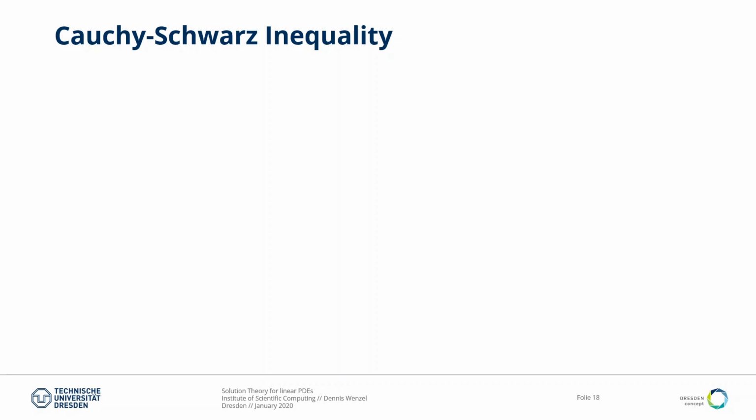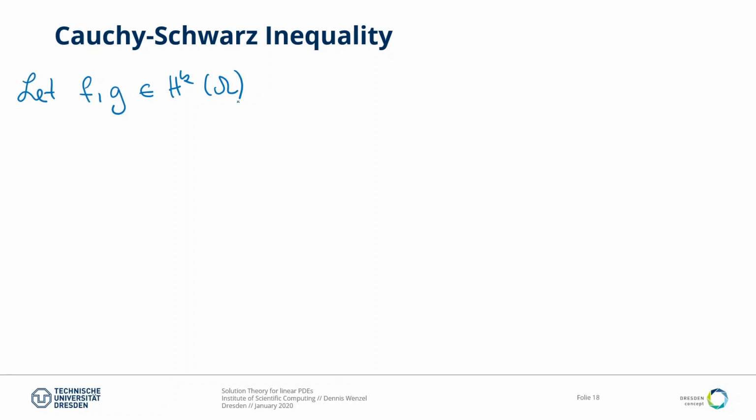I want to first write this inequality down. Maybe you have heard about it already because it exists in all types of Hilbert spaces, also, for example, in Rn. But now here I'm writing down the version that's relevant for us. So let's consider two elements f and g in Hk of omega.